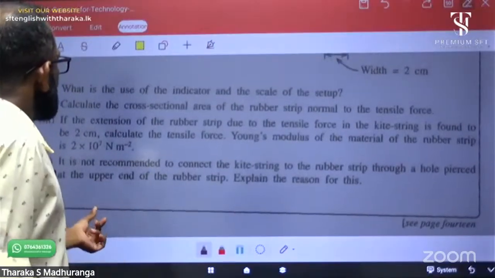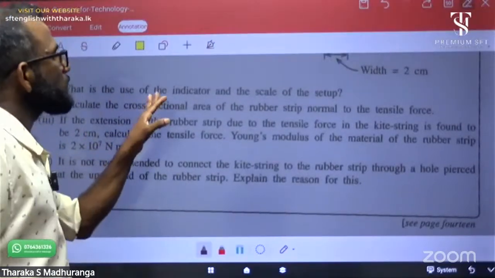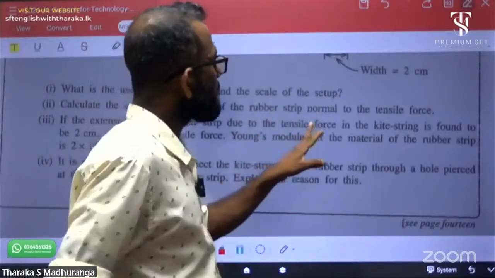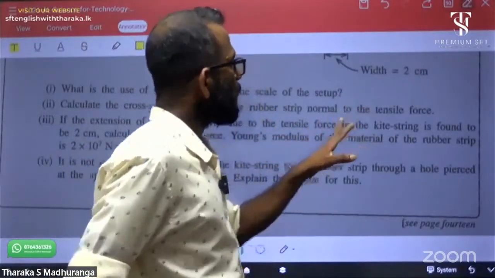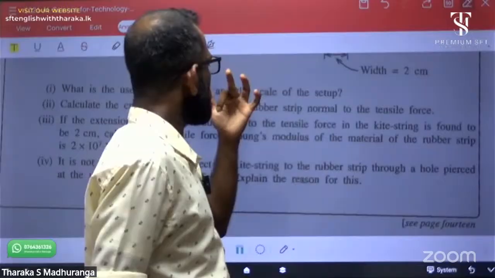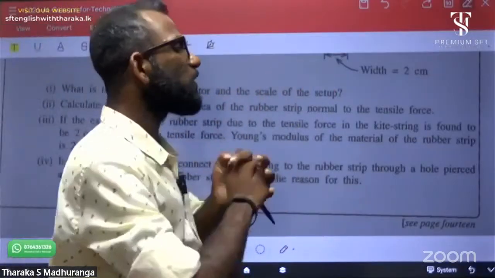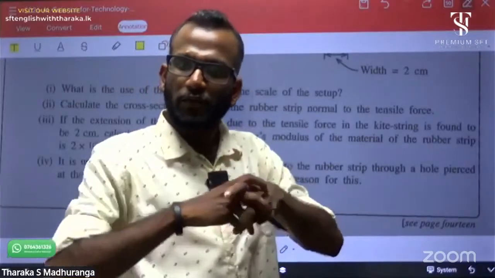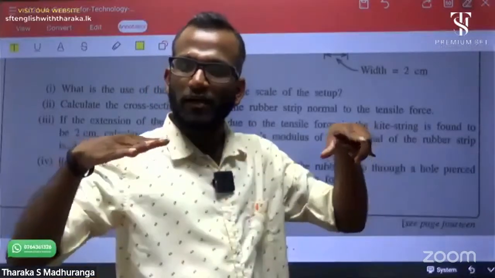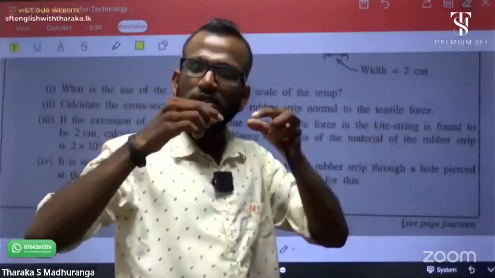Then calculate the cross-section area of the rubber strip. Calculate the cross-sectional area of the rubber strip. If you want the cross-sectional area, how about the shape?